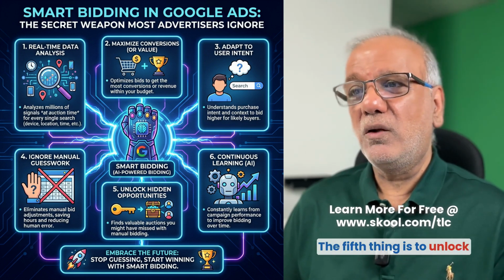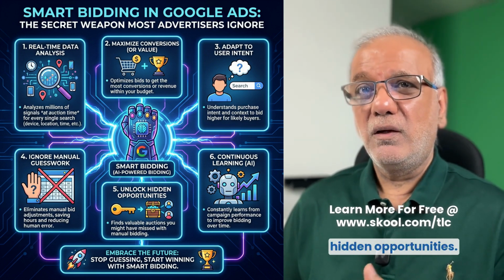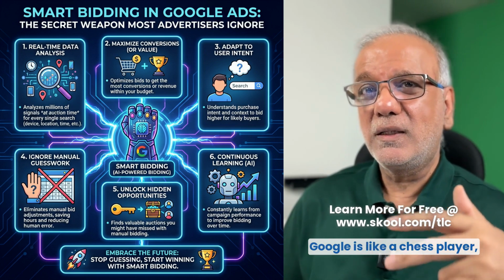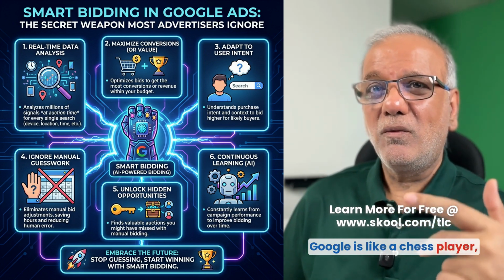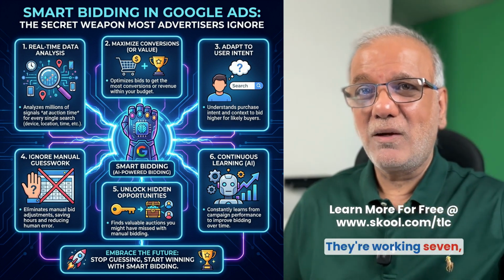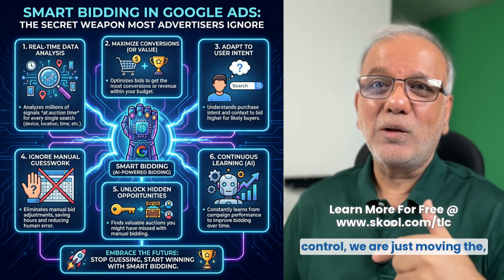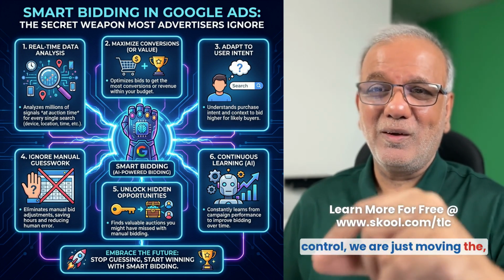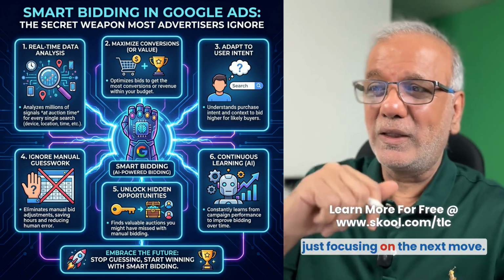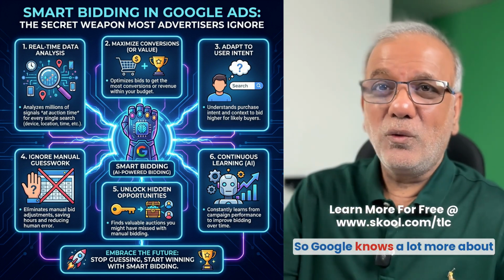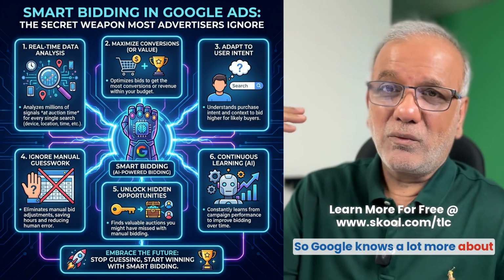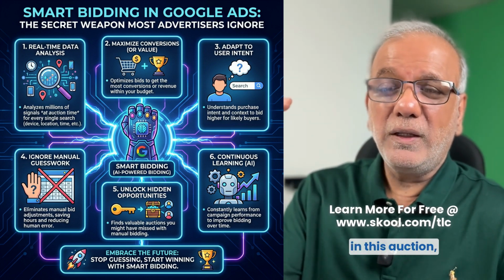The fifth thing is to unlock hidden opportunities. Google is like a chess player or a snooker player. They're working 7, 8 moves ahead of us. Whereas when we are taking control, we are just moving on the next move, just focusing on that next move. So Google knows a lot more about what's going to happen in this auction.